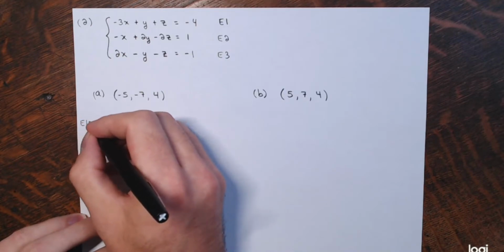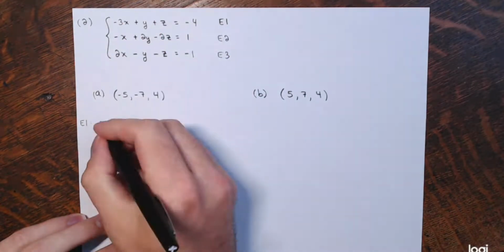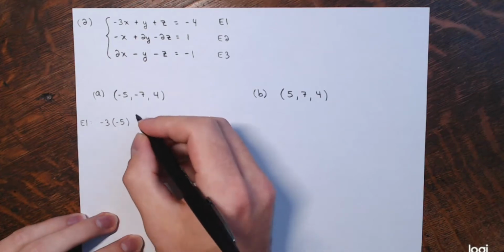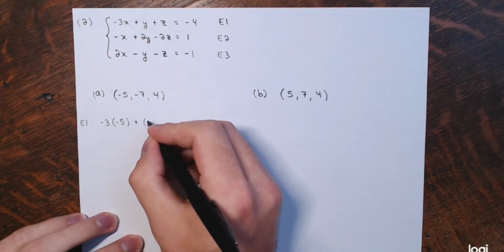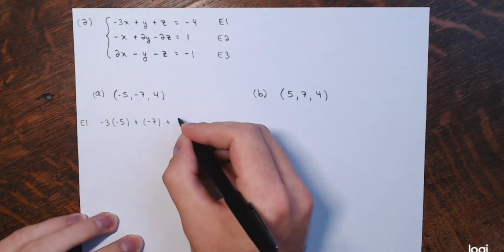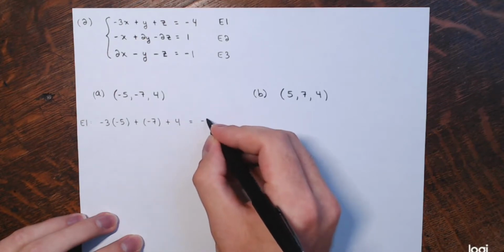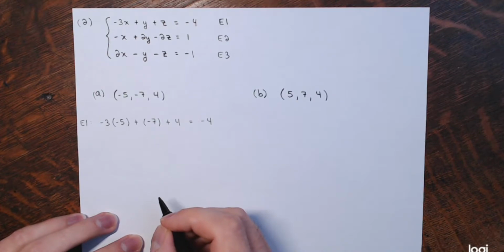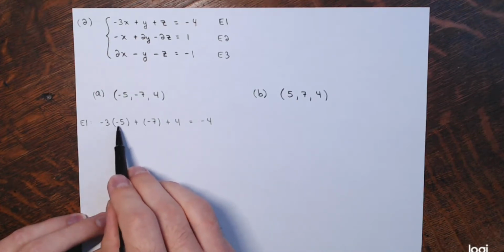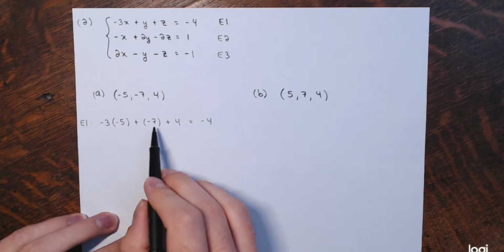So let's go into E1, equation 1, the top equation. We have negative 3 times the x coordinate, times negative 5, plus the y coordinate, negative 7, plus the z coordinate, which is just 4, and is this equal to negative 4? Let's see. This is 15 plus negative 7, which would be positive 8, plus 4 would be 12.